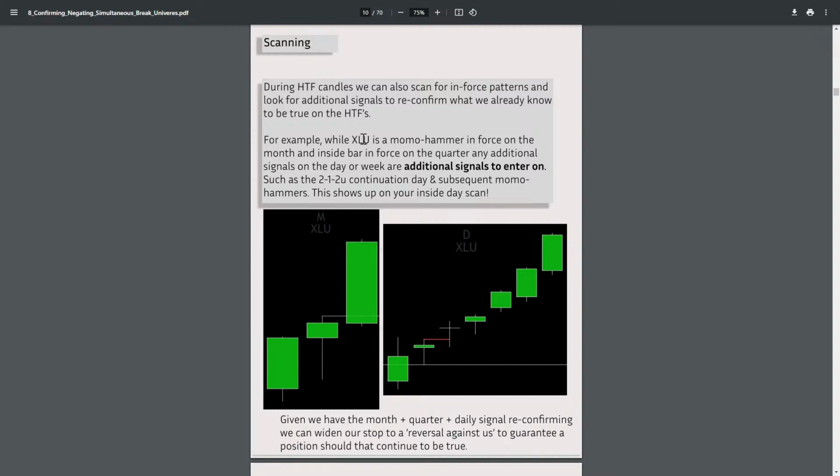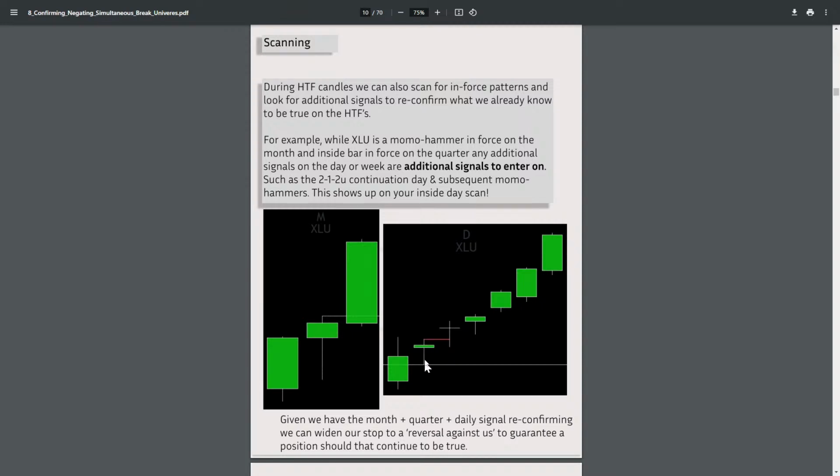So for example, while XLU is a Momo hammer in force on the month, which you can see this white line, I lost my spot, hold on, and an inside bar in force on the quarter, any additional signals on the day or week, they're actionable. You can add to your position.